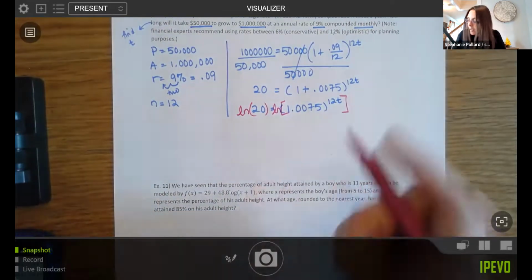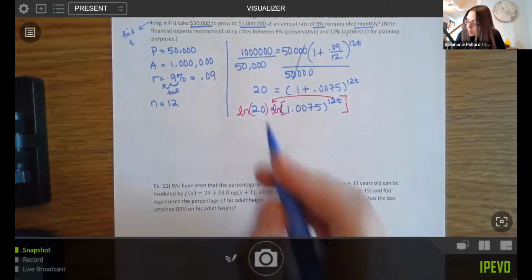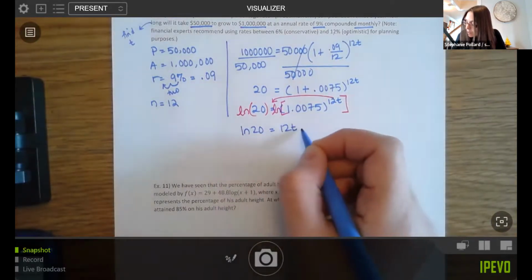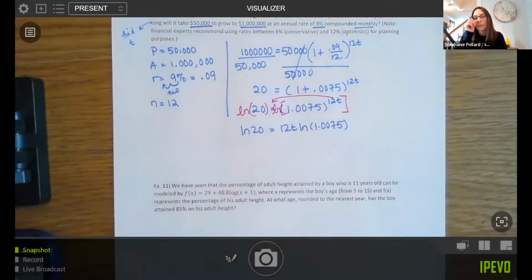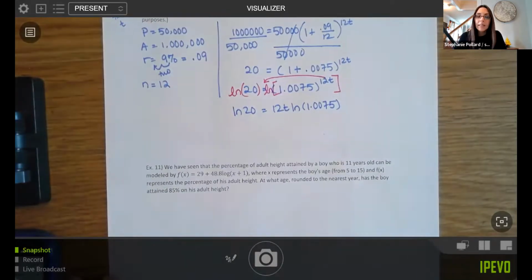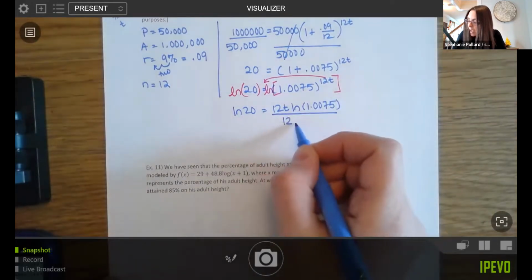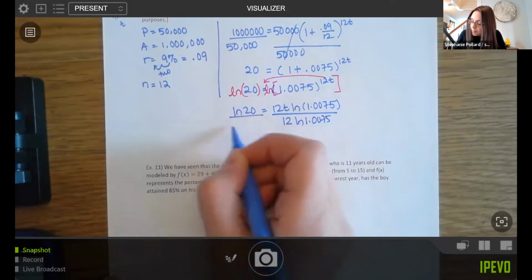So remember here, I can bring that 12t out front, right? Those powers can come out front. So I have natural log of 20 is equal to 12t times the natural log of 1.0075. I want t to be by itself, so I need to divide out the 12 and also that natural log.